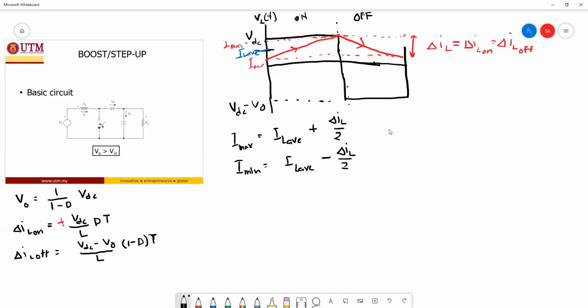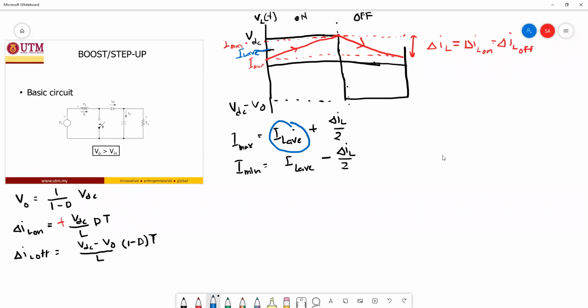Right now, what is the equation of delta IL? What is the equation of the IL average? To obtain the IL average equation, if you recall for the buck converter, the IL average is equal to I out.